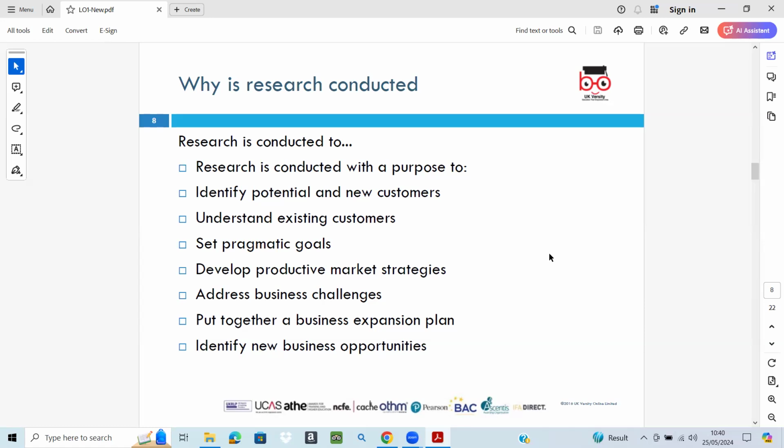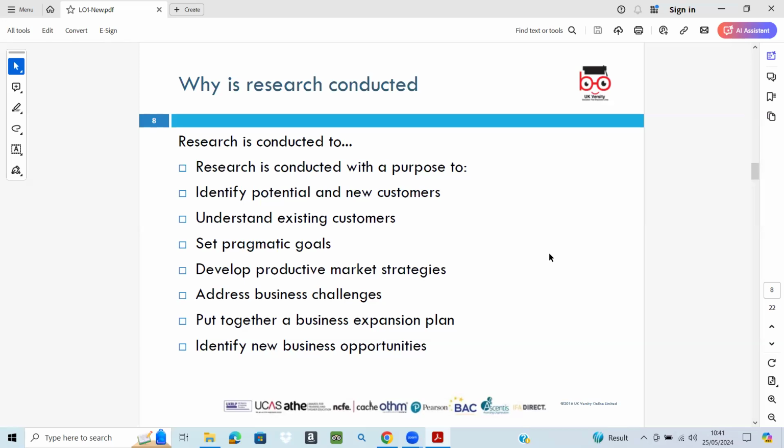Then understanding existing customers. In that, we can say that we do it to gain insight into the preferences, behavior, and satisfaction levels of current customers, and it helps to improve products and services.